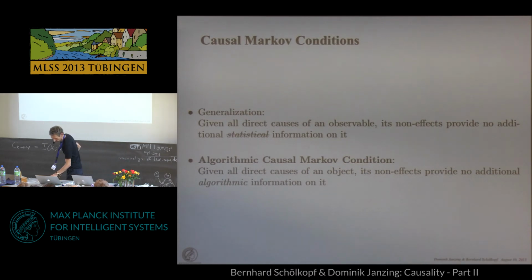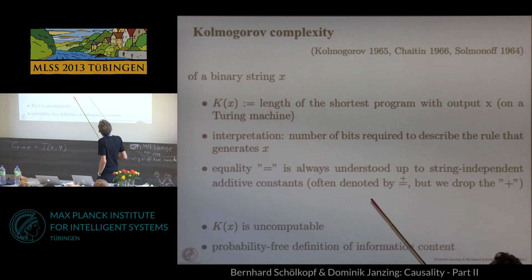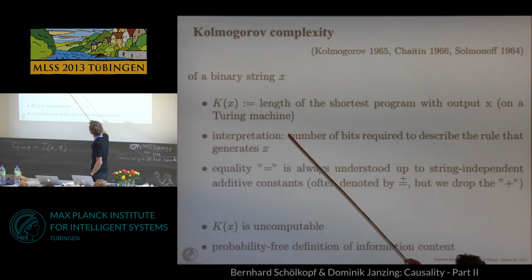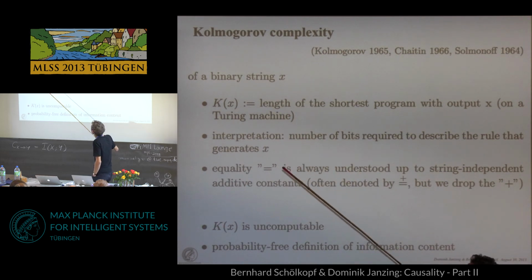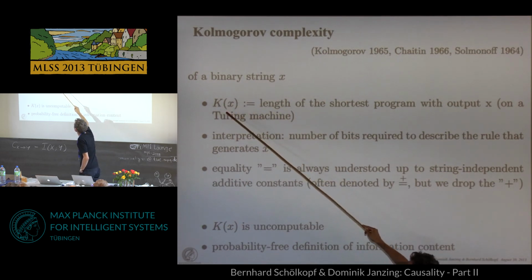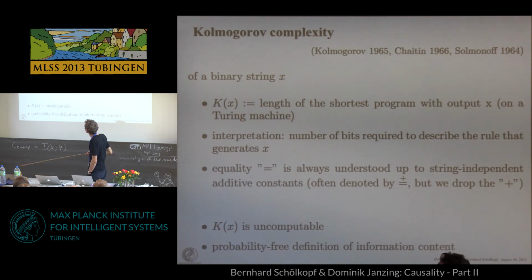And to define algorithmic information, I should introduce Kolmogorov complexity. It's originally phrased for binary strings. So the Kolmogorov complexity of a string x is the length of the shortest program with output x on a universal Turing machine. And the interpretation is it's just the number of bits required to describe the rule that generates x.